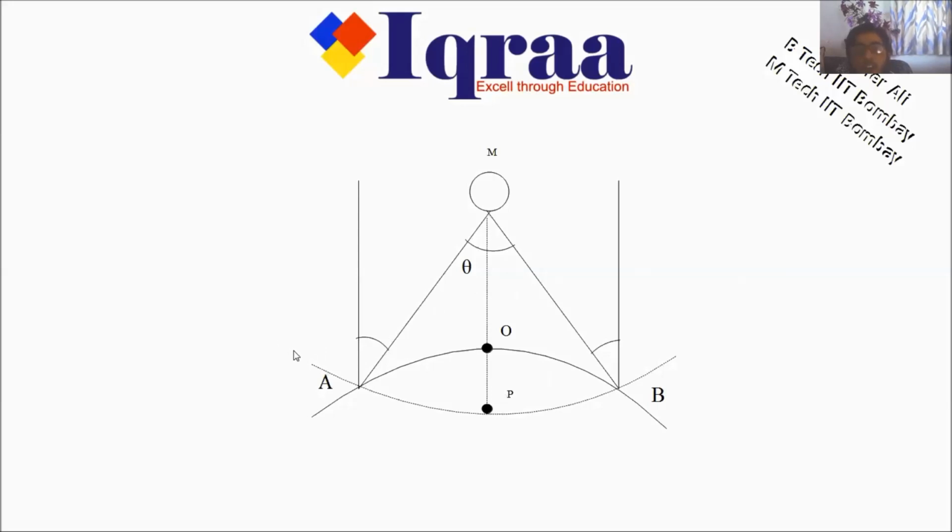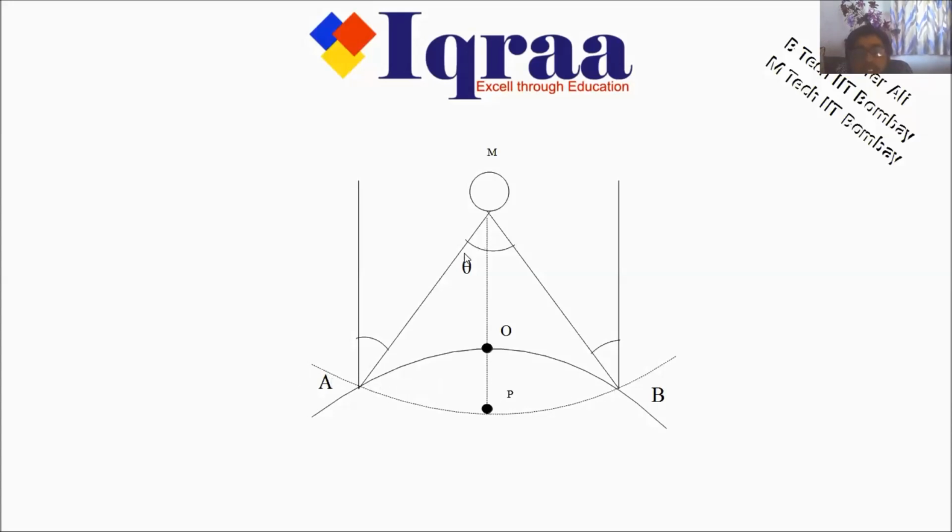Okay, now if I draw this arc AB, then according to the definition, theta is equal to this arc length AB divided by the distance of the moon from the Earth, which we can take as d. Now I said that if this angle theta is small, this arc length AB is the same as the chord length AB.